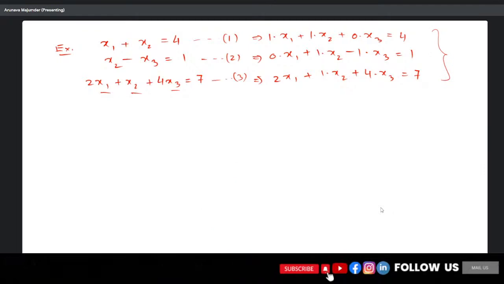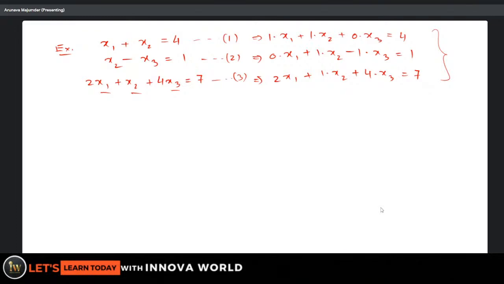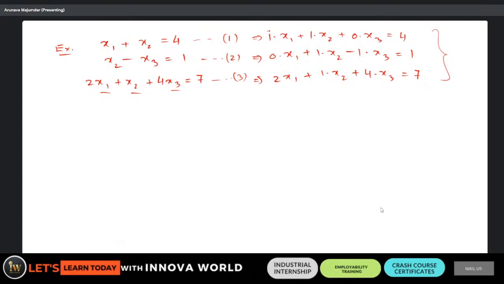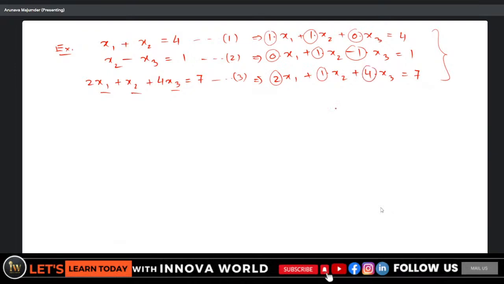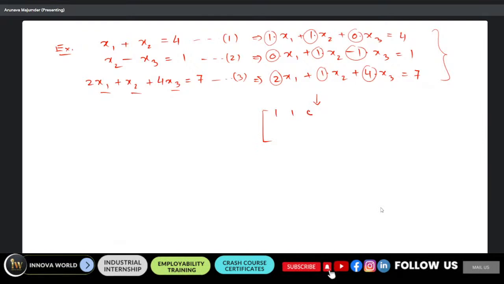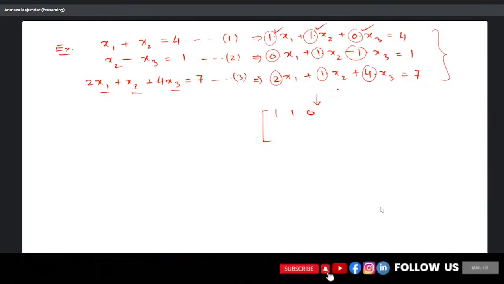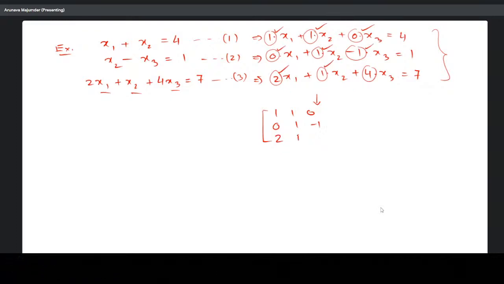Now every system of linear equations can be represented in matrix form. How? You can see the first coefficient here is 1, second 1, third 0. Now 0, 1, minus 1, then 2, 1, 4. So we can write this system as the matrix 1, 1, 0, 0, 1, minus 1, and 2, 1, 4.